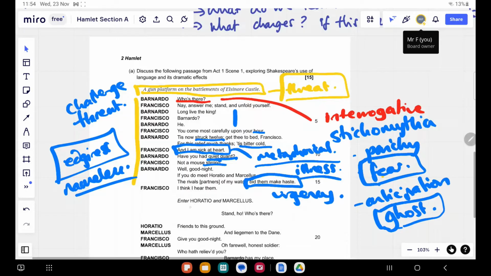And then we have a more leading character, Horatio, who enters: the scholar Horatio, friend of Hamlet. Another thing that's interesting about this are the professions of loyalty to the king, and that suggests that the enemy might be physical. Later we learn that it's Norway. Liegeman to the Dane.